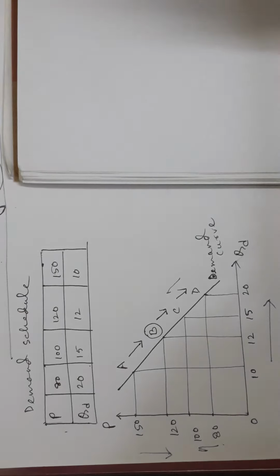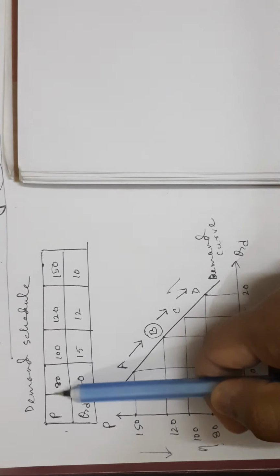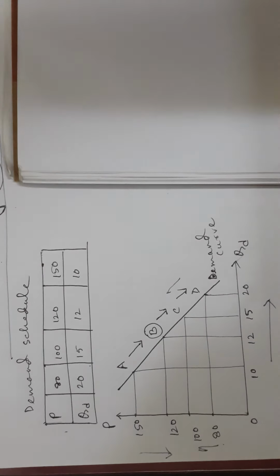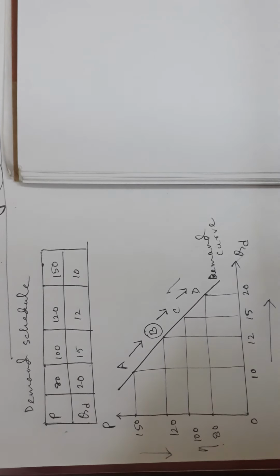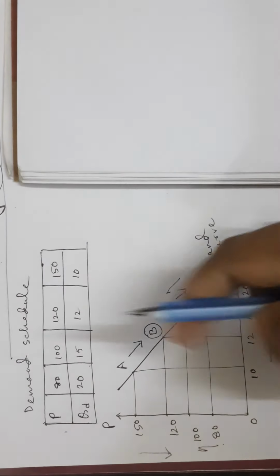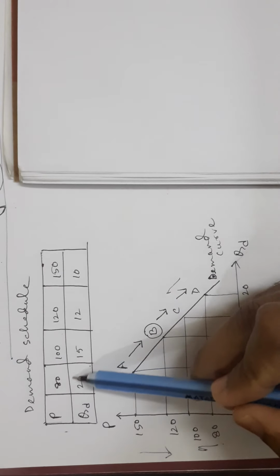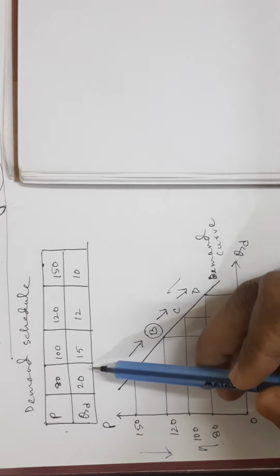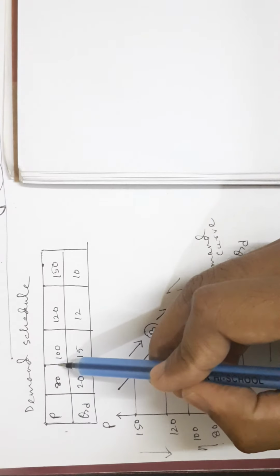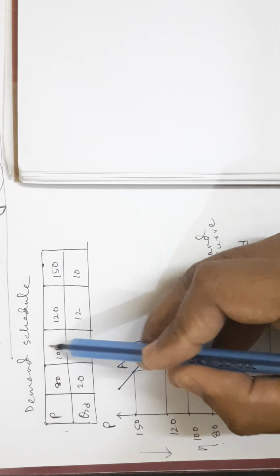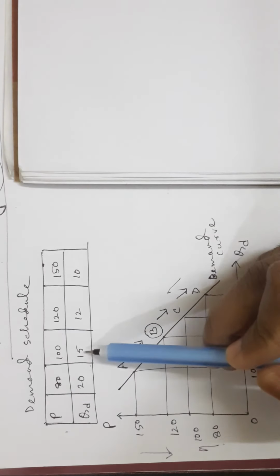Let's consider that if the price is 80 taka per liter, then petrol is very cheap, and definitely an individual will buy more petrol this month, and maybe he will end up consuming 20 liters per month. If the price of petrol rises to 100 taka, definitely his consumption will fall.